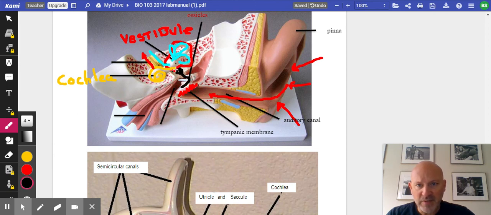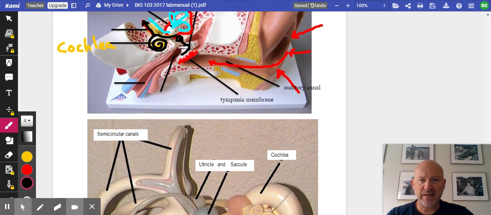The stapes is banging up against this oval window here, which is the very beginning of the cochlea, causing fluid waves to transfer through this entire cochlea, around and around. And inside here, we have a structure called the organ of Corti that has very sensitive cells that are picking up these waves, sending signals to the brain, which are going to be processed as hearing.